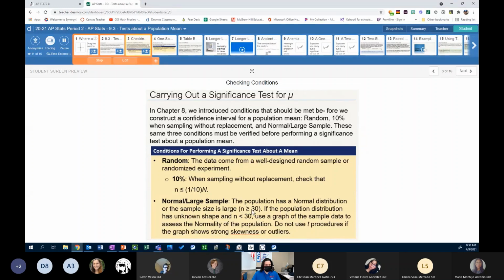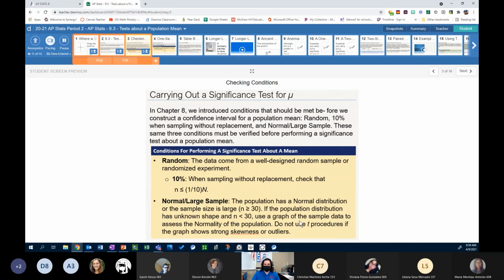Just like with our confidence interval, if it's not normal and it's not a large enough sample, then we have to graph the data and check to make sure that it is not strongly skewed and that there are no outliers. In order to graph it, we do need to have all the sample data.